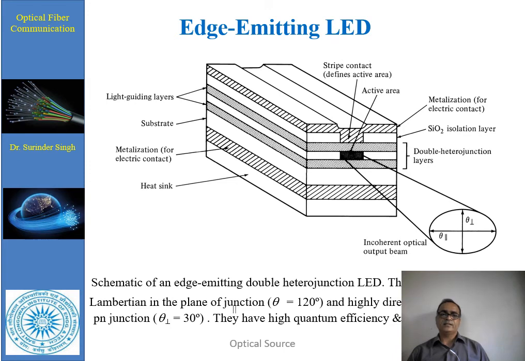In this structure, the center one is the active layer, and these two layers form a guiding layer for carrier as well as optical confinement. This is a double heterostructure layer, and this is again a silicon dioxide layer. Metallization is to be done, and this is the bottom substrate metallization contact, and a heat sink is to be used.